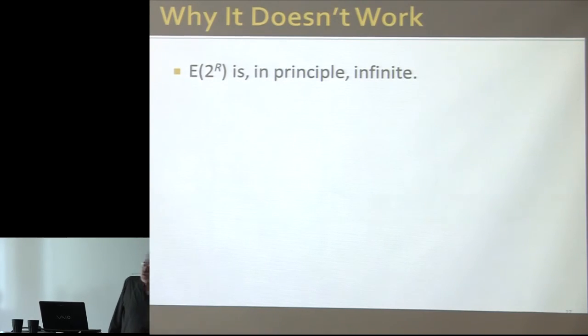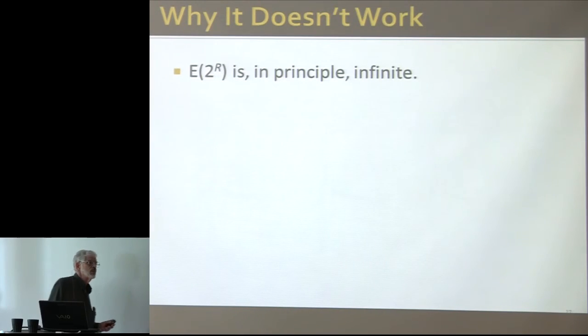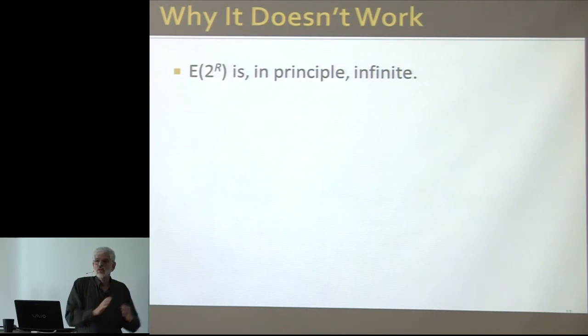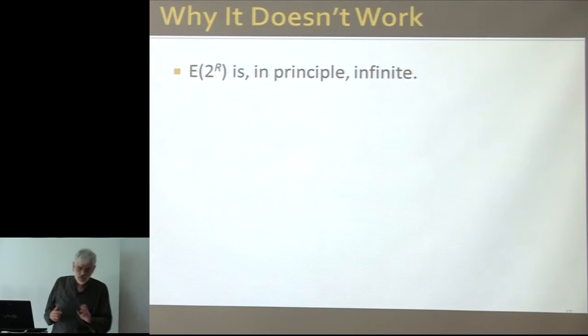But here's sort of why it doesn't work. The intuition is, yes, 2 to the r is always around m, but when r is bigger than it should be, the value goes up exponentially. When it's much smaller, the values just decay a little bit. So there's this bias to the upside.